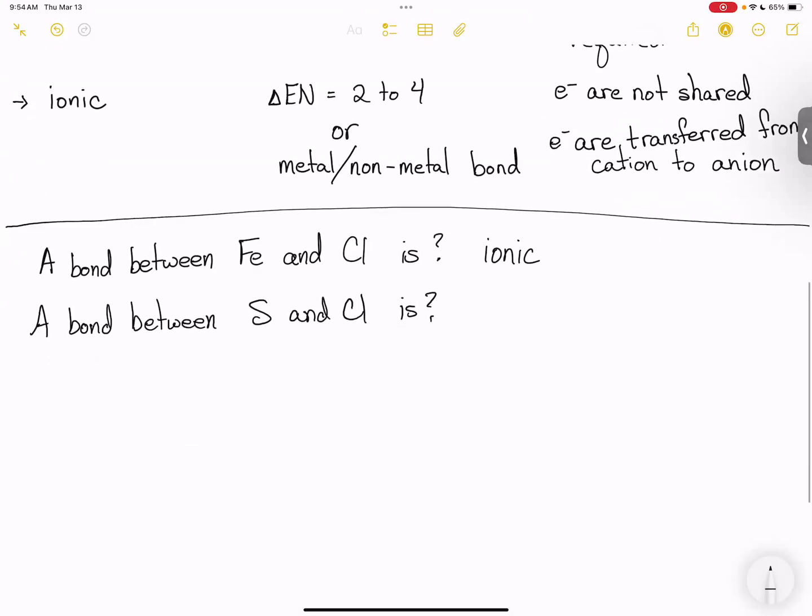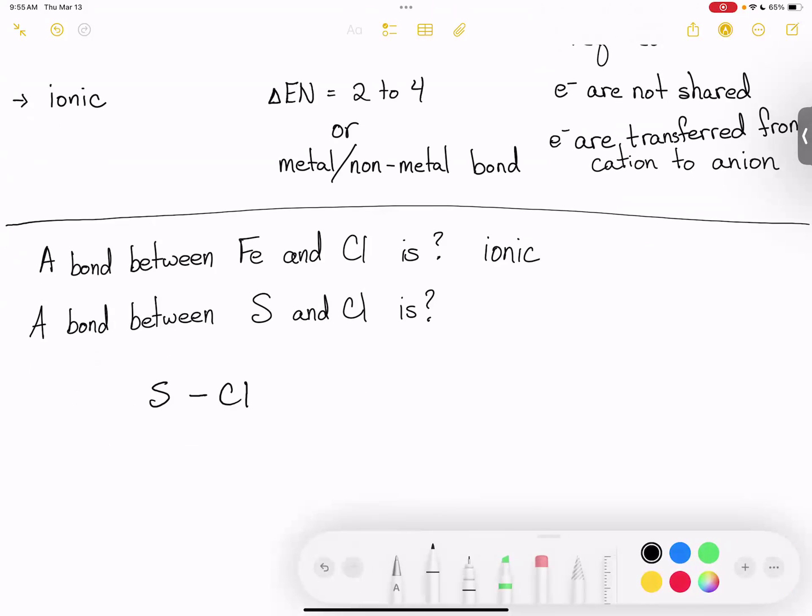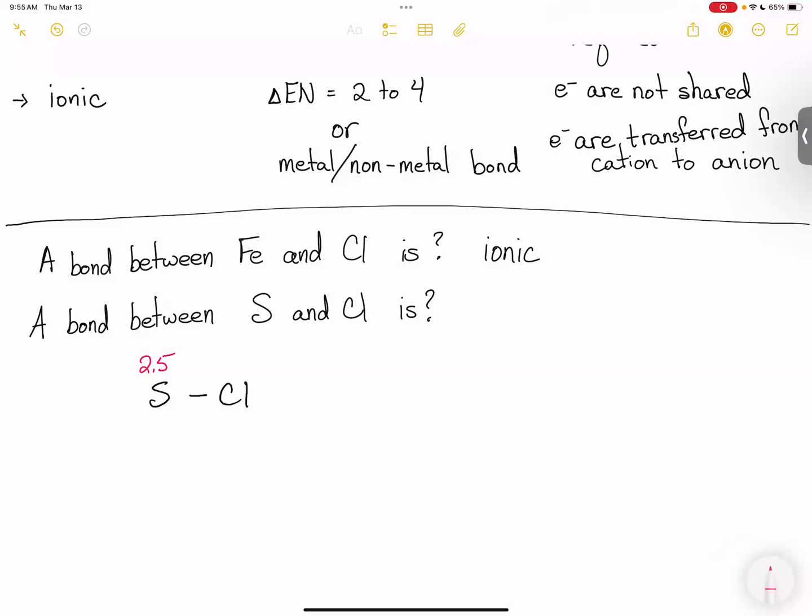Well, the way you figure that out is that means you have an S and a Cl. The electronegativity for sulfur is 2.5. The electronegativity for chlorine is 3.0. The difference in electronegativity is 3 minus 2.5, or in other words, it's 0.5.